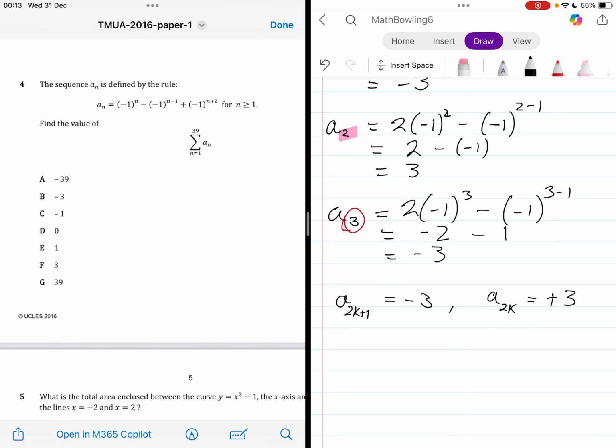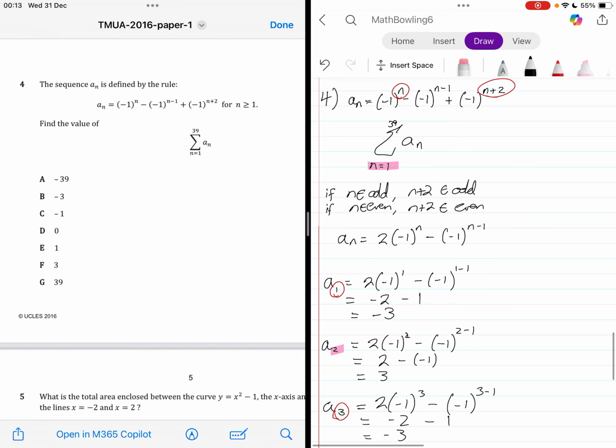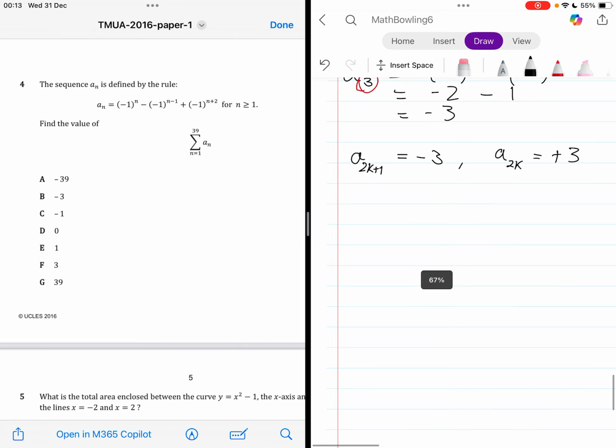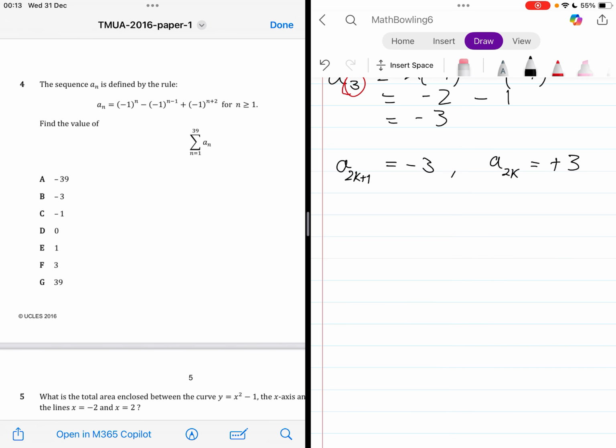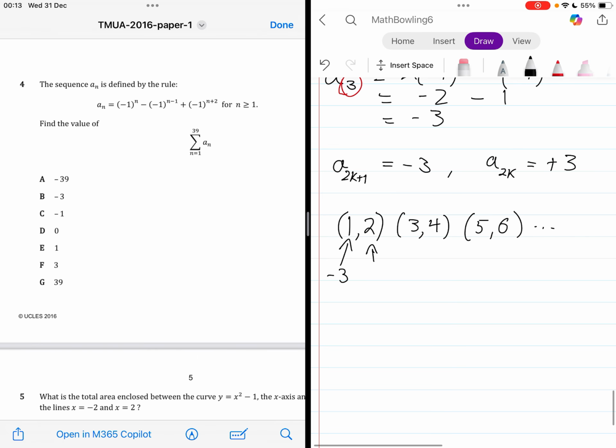So now all we're left with is to count how many odds and evens there are from 1 to 39. Now what we can do is pair these up, and because we're adding them, I'm listing all the numbers here, but I'm not going to add them all. 3 and 4, 5 and 6, and so on and so forth. Each of these pairs, one corresponds to minus 3 and the other corresponds to plus 3.